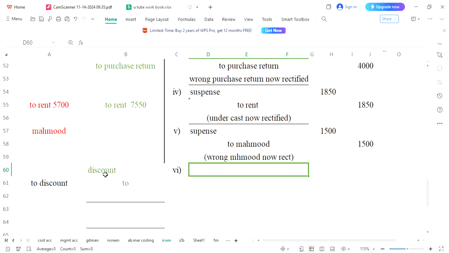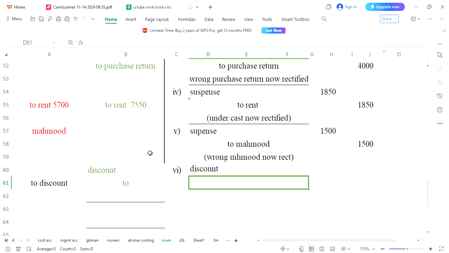They have not written it. So when we come to know this mistake, we will rectify it by writing it to the same side. And as usual, I have told you, whatever is written in green, you are supposed to write in the same place. And if it is red, you will post to the opposite side.